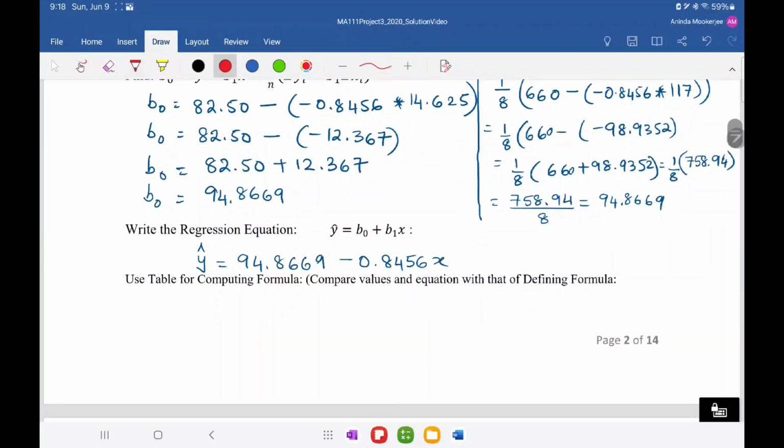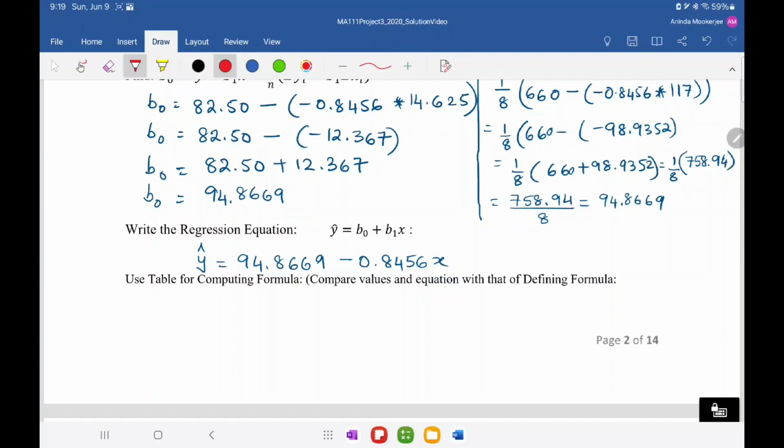All right, and then here it says write the regression equation. So just plug in the values of the intercept first, 94.8669 minus 0.8456x. It's plus times minus, so we have a minus here. So what does this formula tell us? The slope is negative.